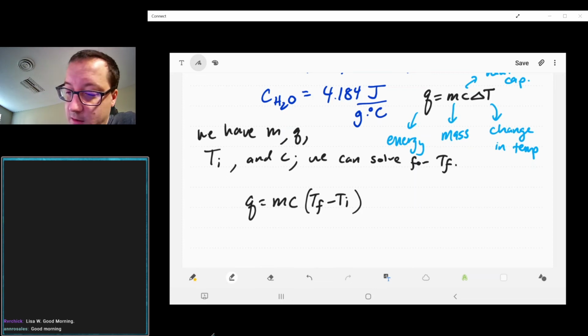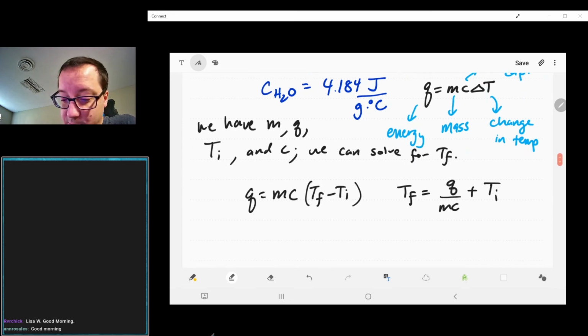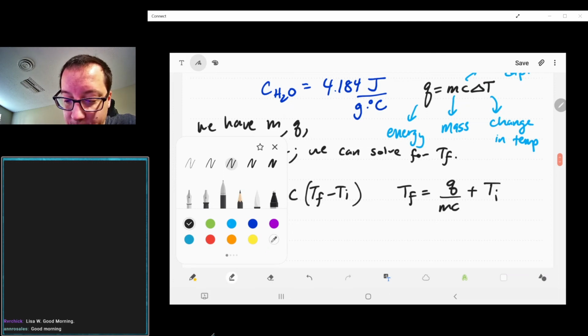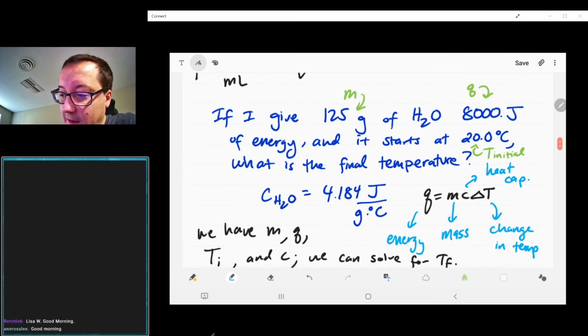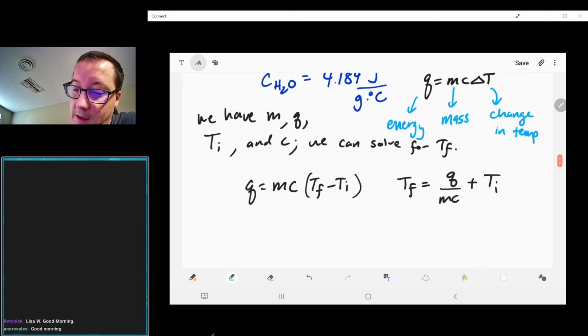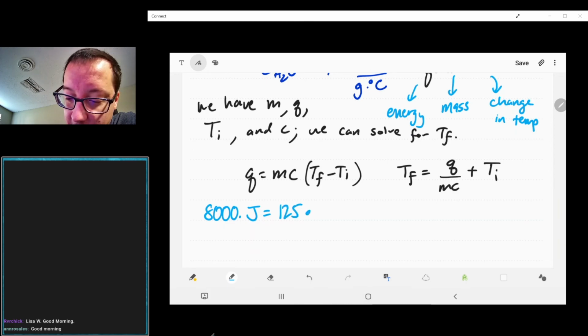Either way will work. If you do solve for the final temperature, you get Q over MC plus the initial temperature. So if you want to do it that way, you're welcome to. You can just plug stuff into this first one. It'll work. So let's go ahead and do that. So it looks like we had 8,000 joules to start as our Q. So 8,000 joules was 125 grams.